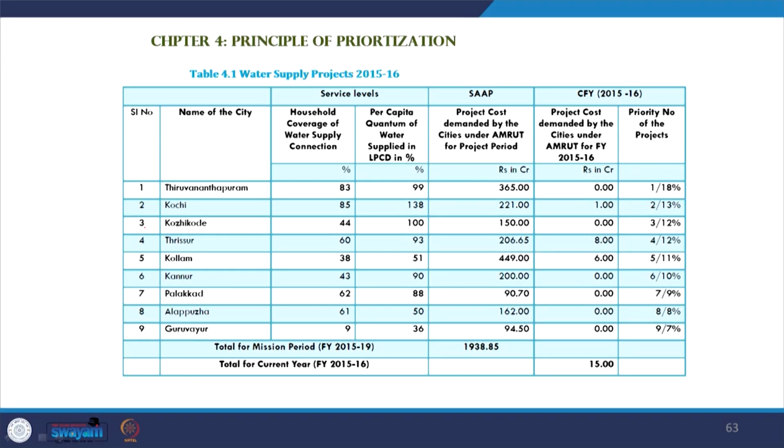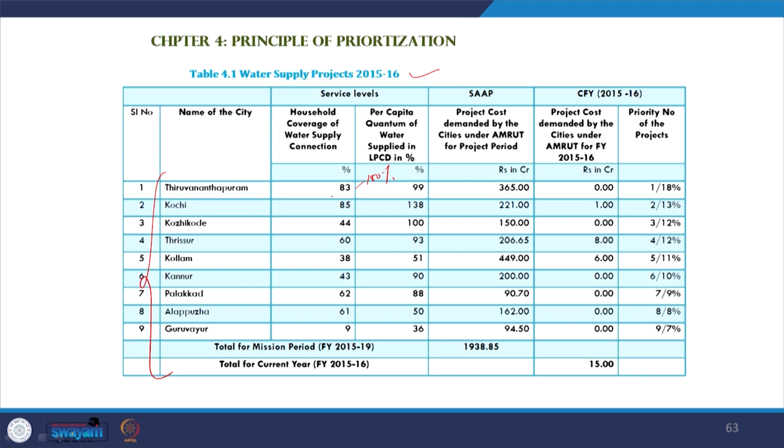Now, we look at their SAP document, where we see that they have identified water supply projects in 2015-16. Here all the names of the cities are given, and then they look at the service level, where the target has to be 100%.